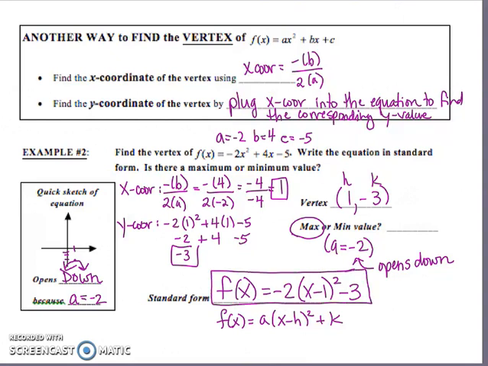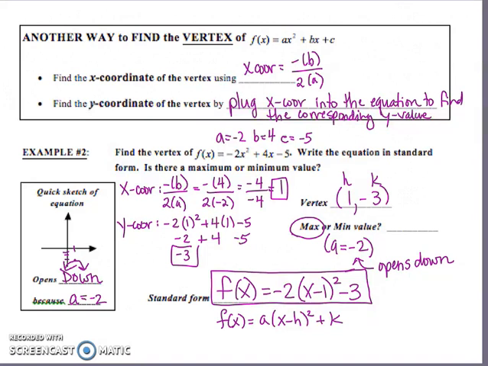So I just want to review for a moment that we just talked about two ways that we can find vertex form of an equation. One way, which we used in example 1, was by completing the square. The second way was for finding the vertex using the formula opposite of b over 2 times a, and then plugging that x value in to find y.